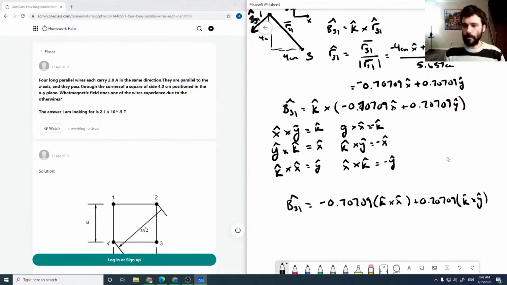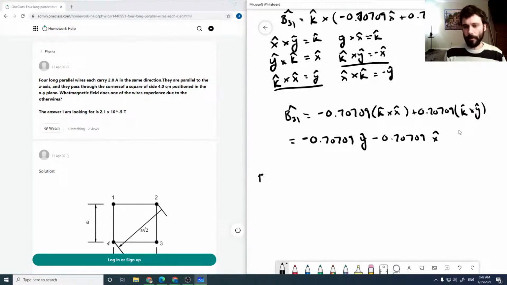And so we can find these in here. So k hat cross x hat is y hat, and k hat cross y hat is minus x hat. So this is minus 0.70709 y hat, and then minus 0.70709 x hat.